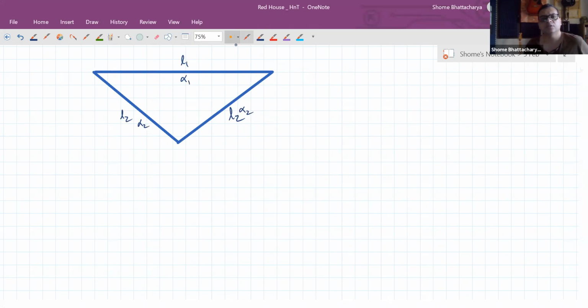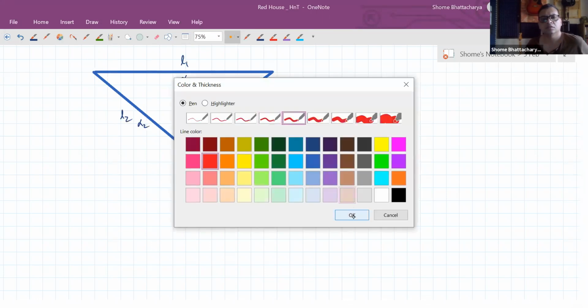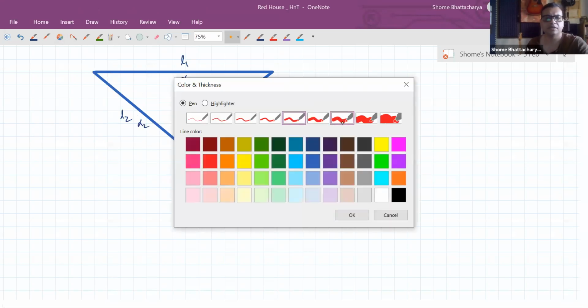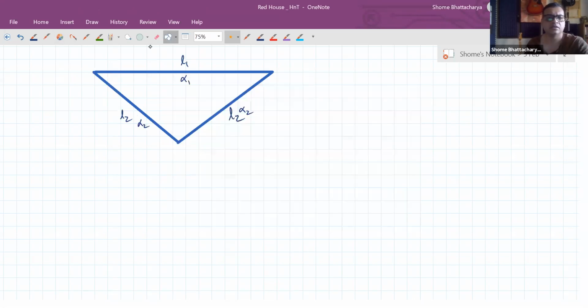Now suppose we are to increase the temperature of only the two sides which are of L2. If only their temperature is increased while this one's temperature is kept the same, then the frame would tend to rotate about its hinges, because these two would expand in length, and the frame would tend to become of this kind of shape.